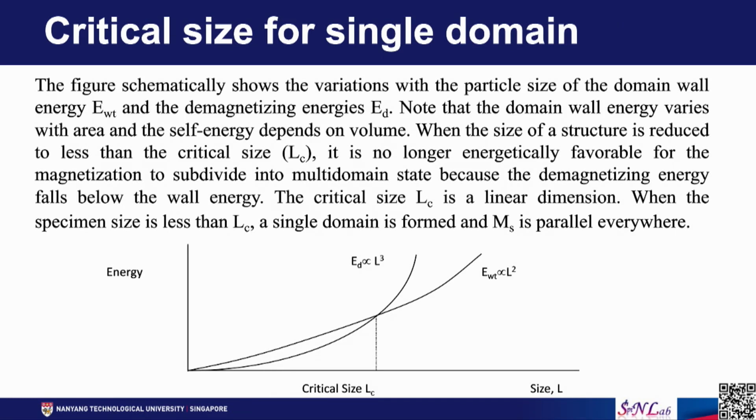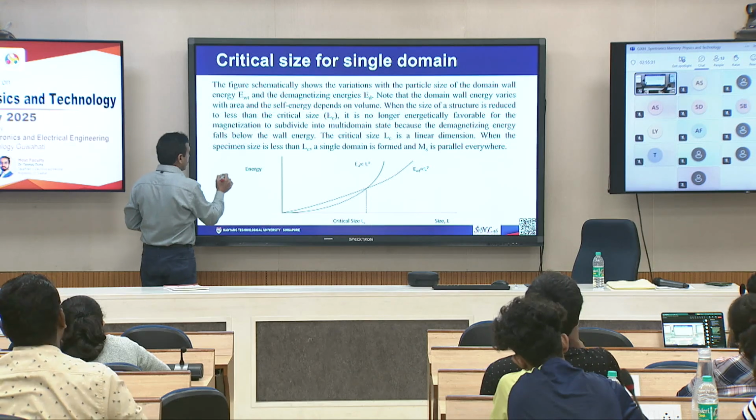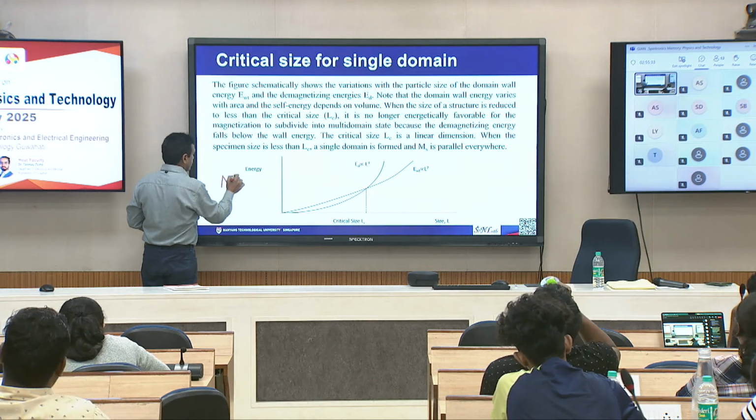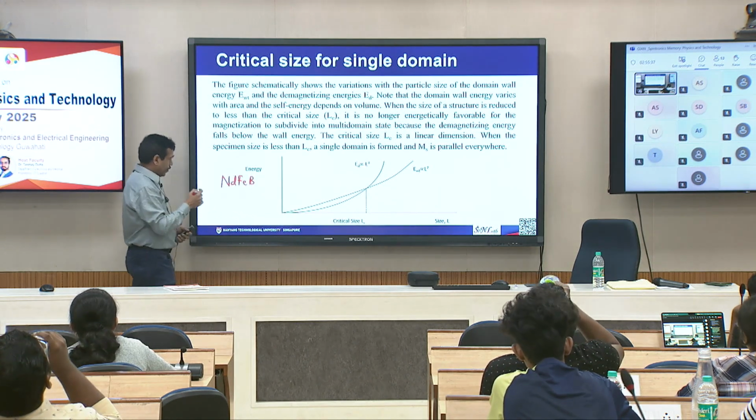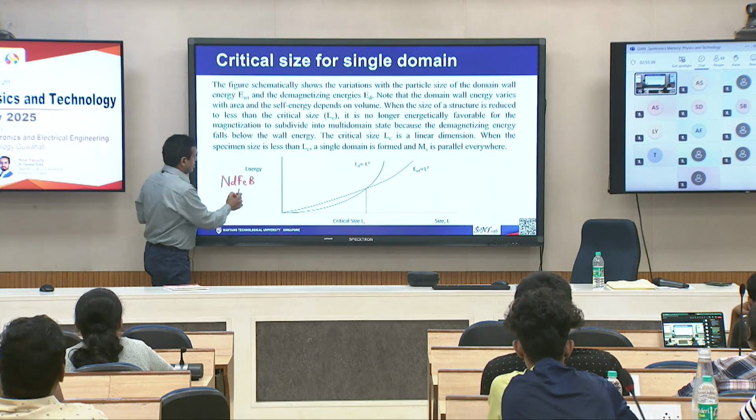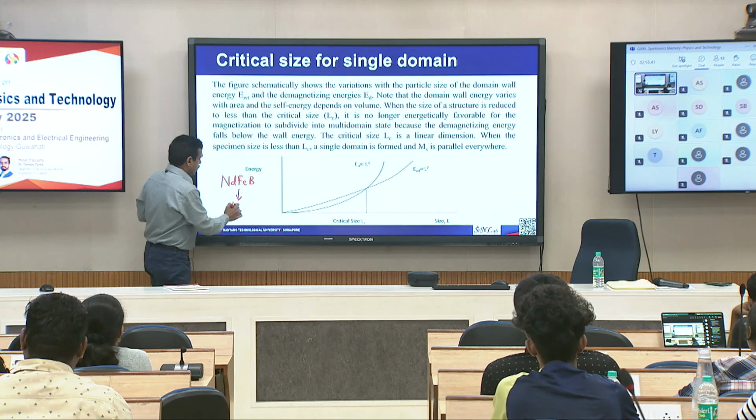The next question is whether a system will always form domains or not. I gave you the example of a neodymium and boron magnet, and I told you that it will form domains.